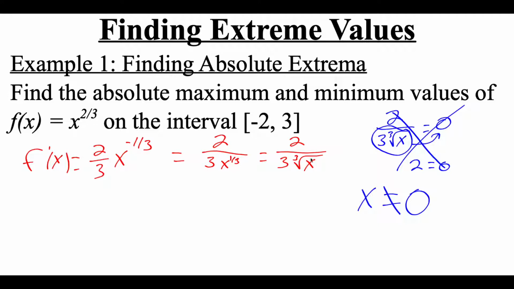So this derivative does not exist at the x value of 0. So that's going to be a critical number for us. We're going to be testing out the x value of 0. But then we also want to test out the endpoints of our closed interval. So we're also going to test out the end value of -2, and we're also going to test out the end value of 3.